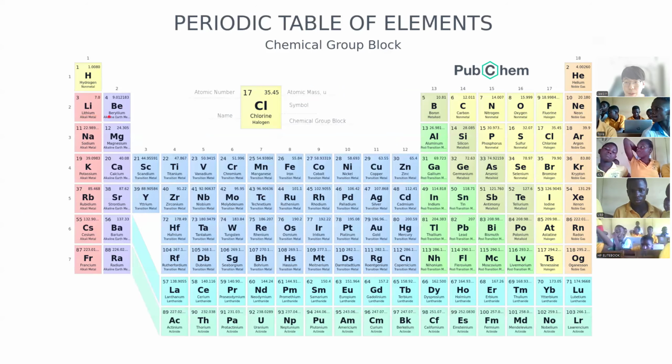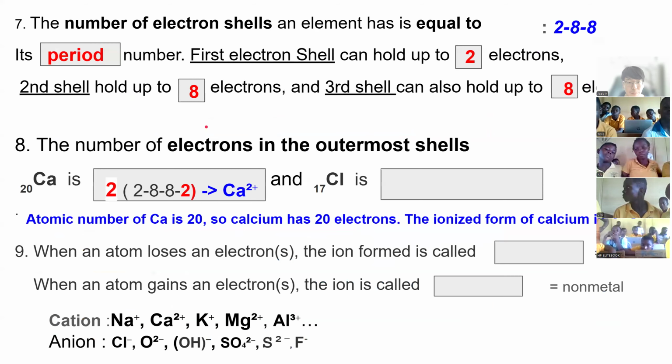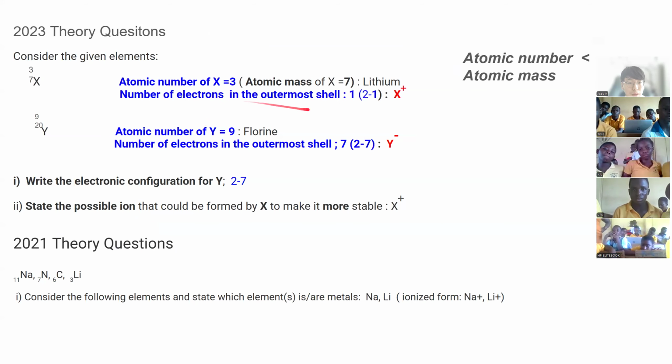It has the atomic number of 3. We can predict that this X is lithium. For Y, the atomic number of Y is 9. That makes it fluorine. Again, you can look back at the periodic table and see that the atomic number 9 is fluorine.